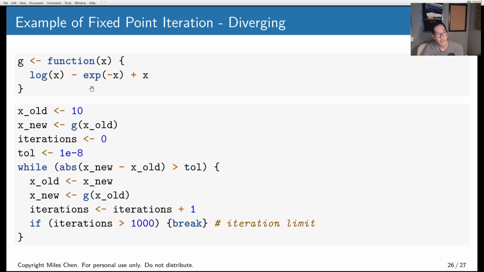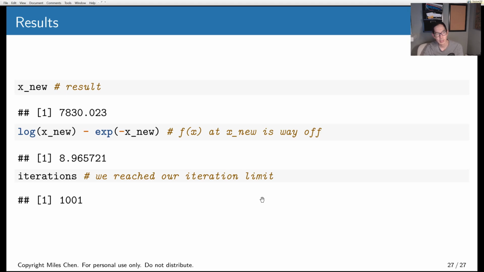Here I have the same exact code, except I added an iteration limit. I'm saying, if the iterations ever go over 1,000, break out of this loop so it doesn't run forever. When I run it, I hit my iteration limit. The iterations go to 1,001.